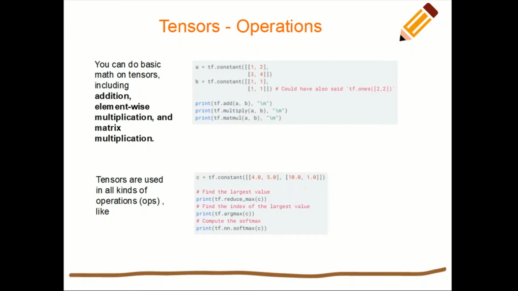Now once the tensors are created, what do we do with them, right? And that is where some of the discussion that we had earlier, that machine learning needs a lot of computations during the forward pass and the backward pass, actually comes in.